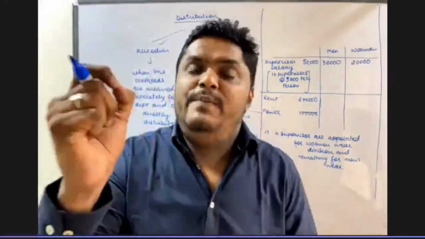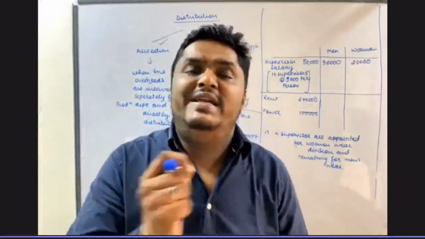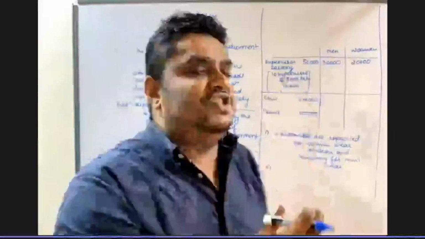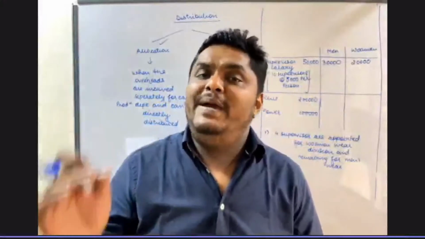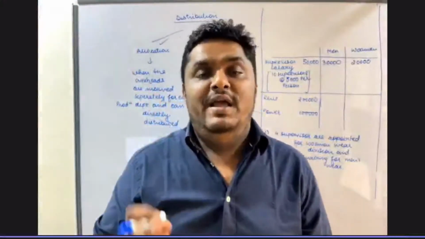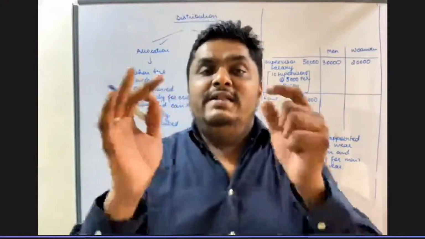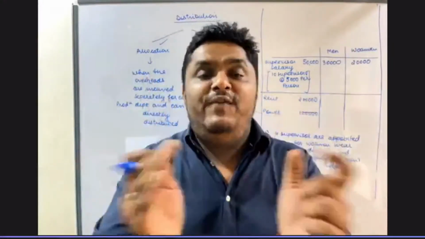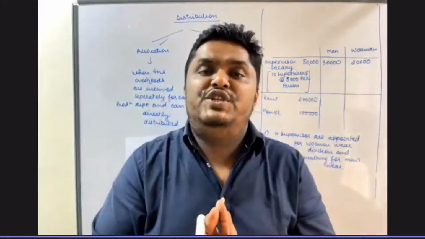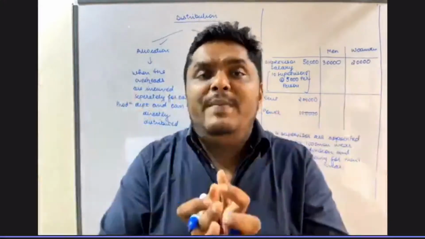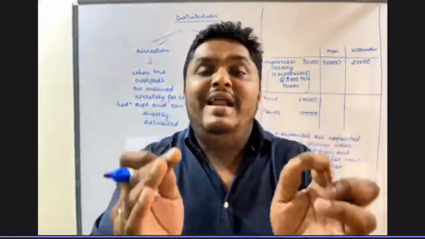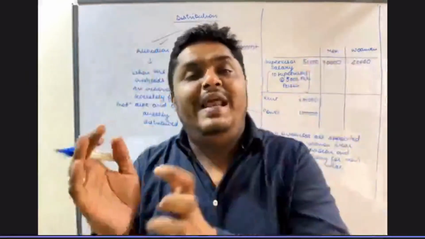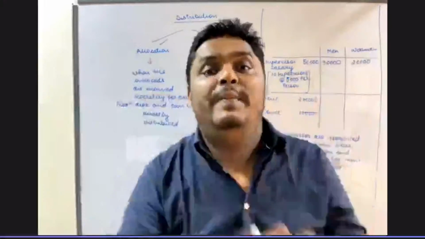The rent of premise 1 is 1,20,000 that is used for men's wear division, and the rent of 80,000 we are paying for the second premise that is used for women's wear division. I repeat again, guys, the total rent we are paying is 2 lakh.